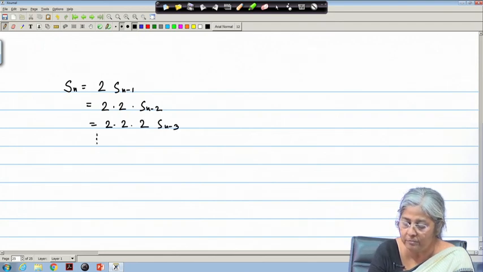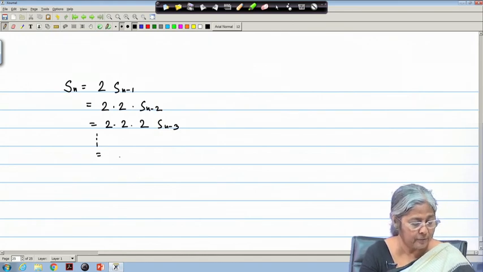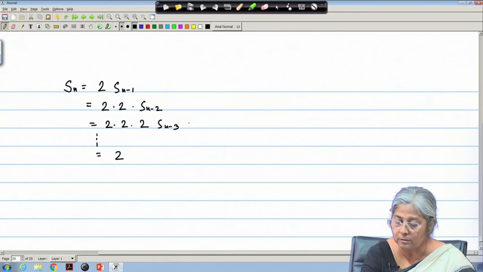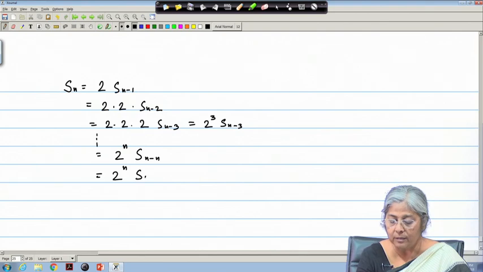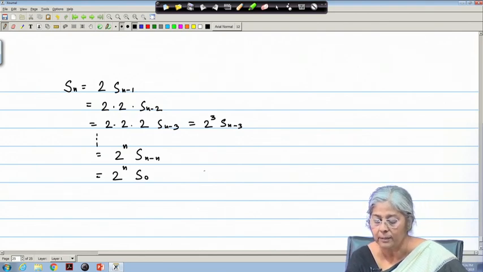In that way, if I continue, I will get 2 to the power n into Sn minus n, that is 2 to the power n S0, and our S0 is 1, which is the empty set.